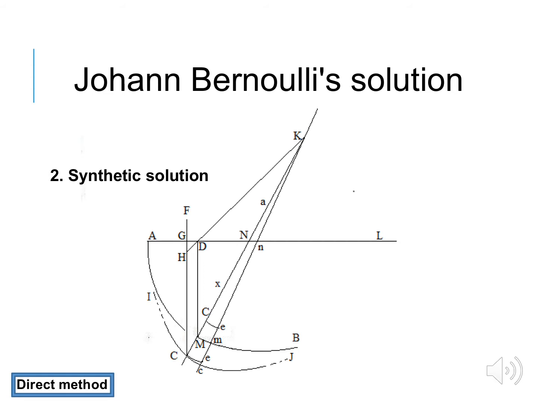Assume AMB is the part of a cycloid joining A to B, which the body slides down in the minimum time. Let ICCJ be part of a different curve joining A to B, which can be closer to AL than AMB.